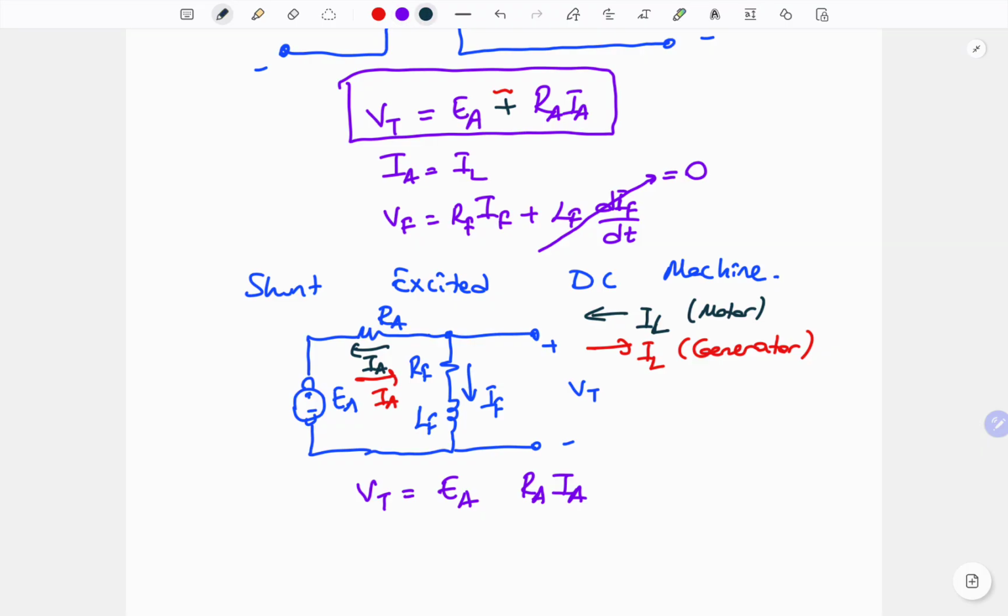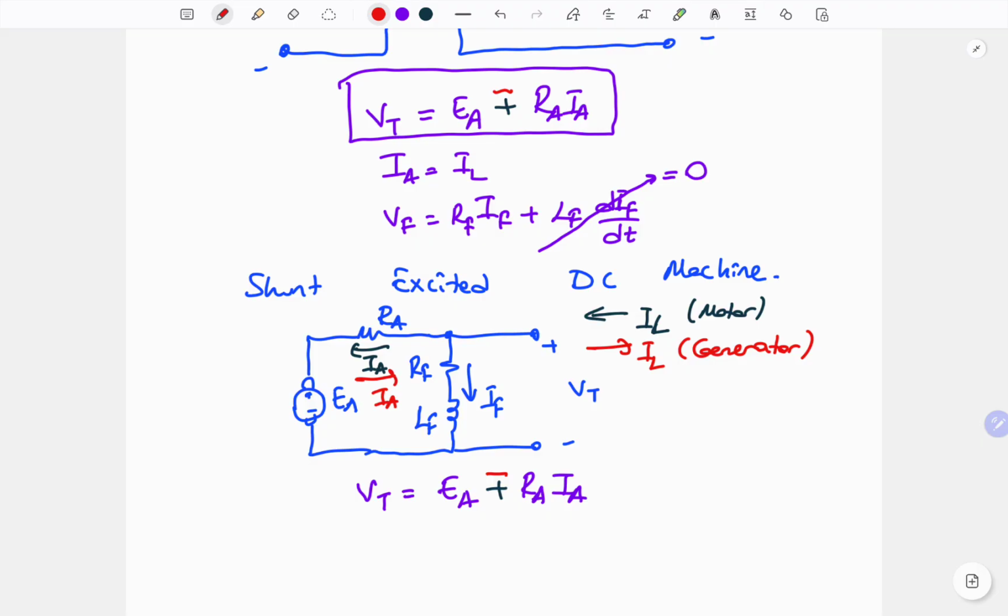Again, for the motor operation, the sign between these parameters must be plus because the main supply will be VT. But for the generator operation, the sign must be minus because EA in that case will be the main supply.